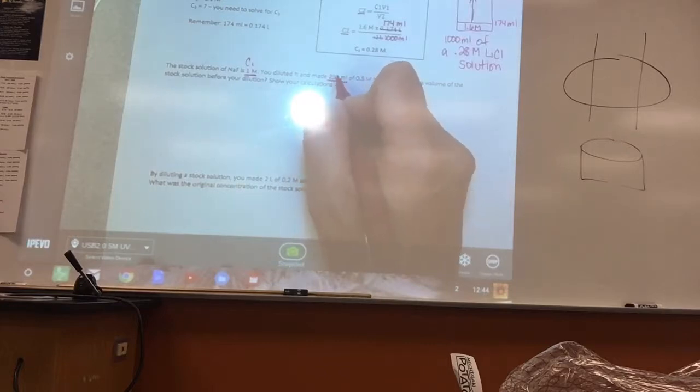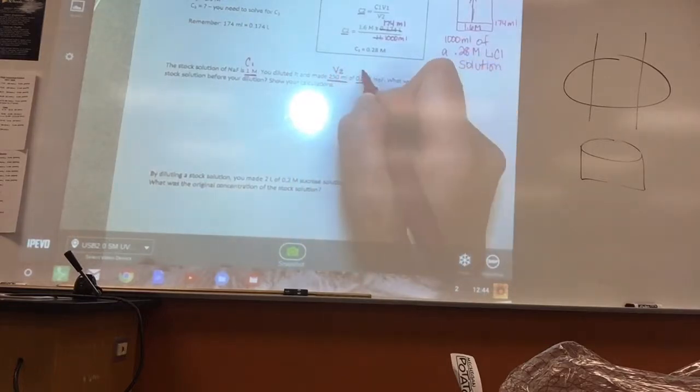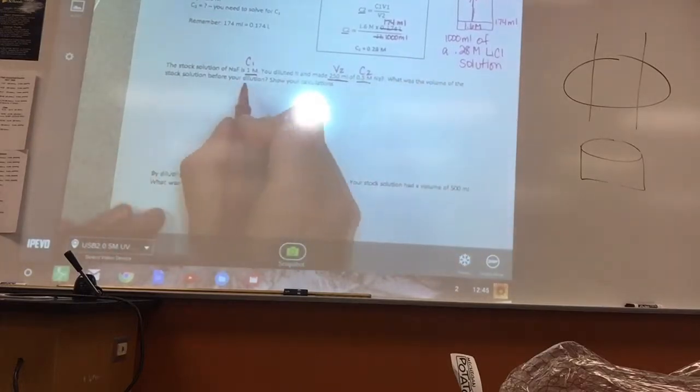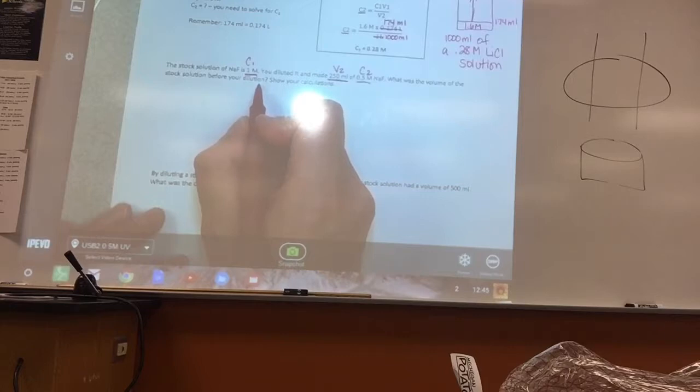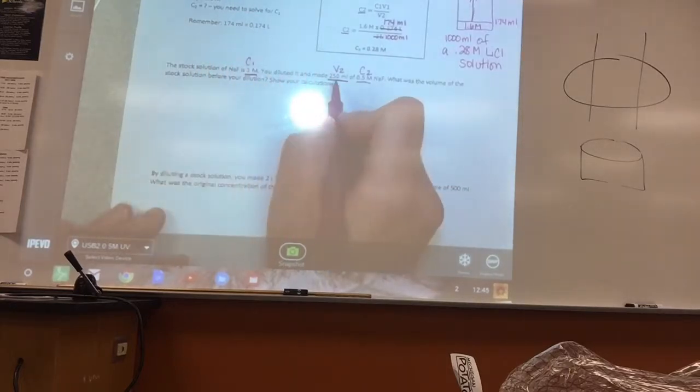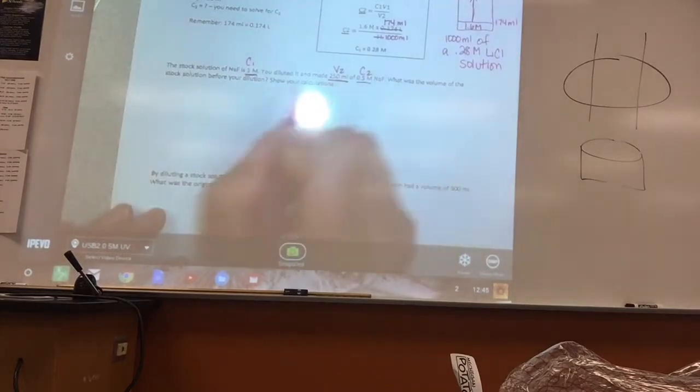So this is my final volume, that's V2, and this is the final concentration, that is C2. What was the volume of the stock solution before your dilution? So how much of the stock solution did you dilute to get it to 250 and make it 0.5?